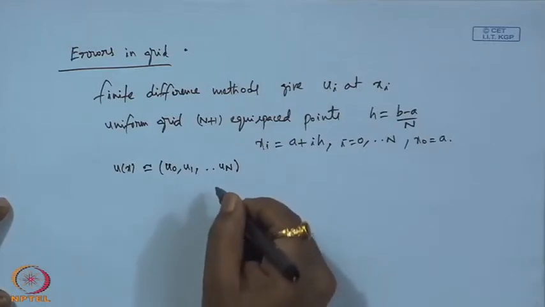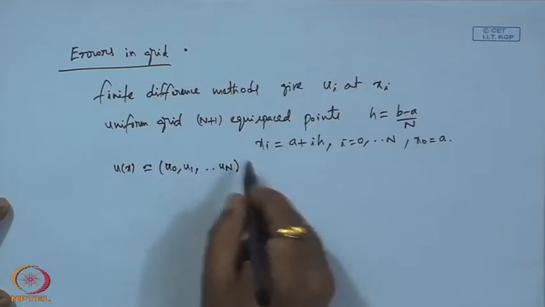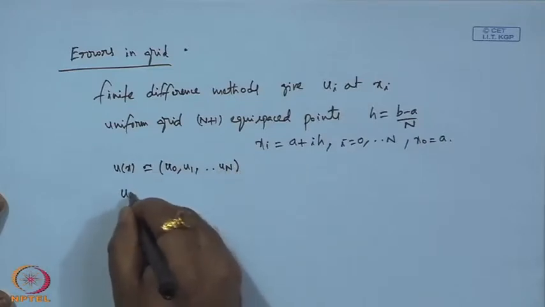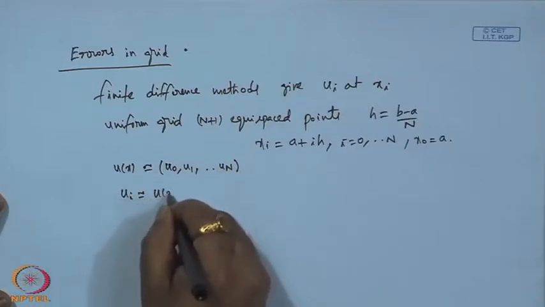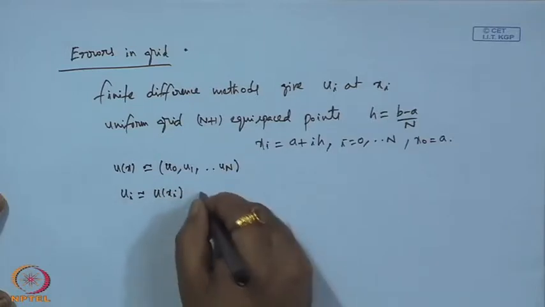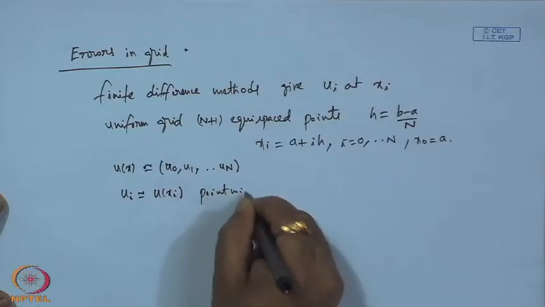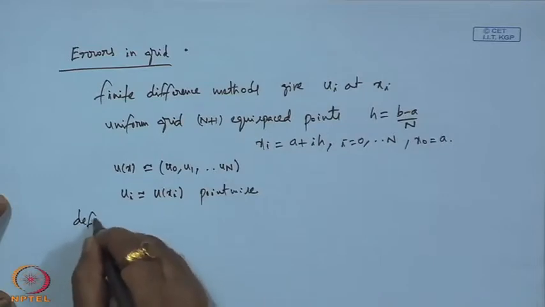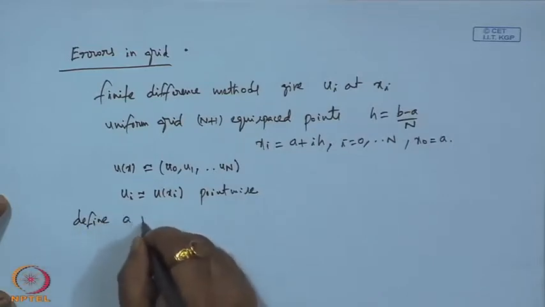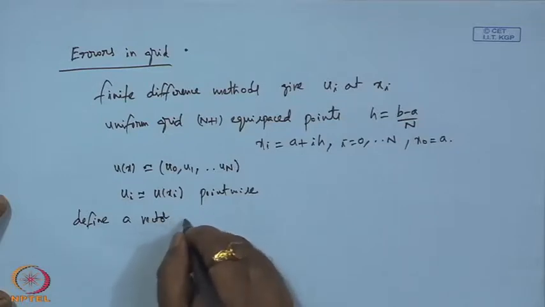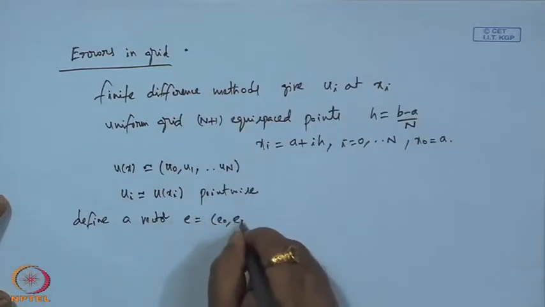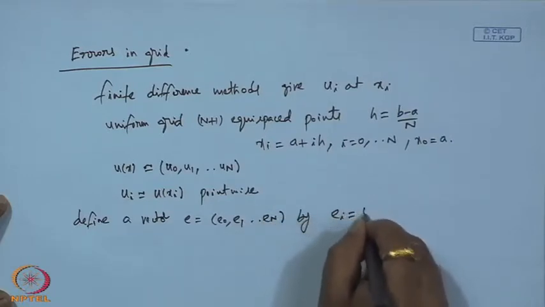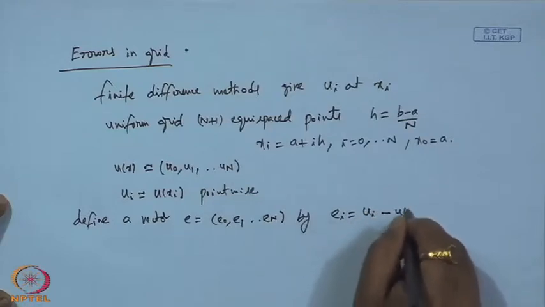Now, this we need to compare with a set of discrete values of the function. So, that means these u i's are nothing but approximating point wise, right. So, now define a vector e to be e 0, e 1, e n by e i equals to u i minus the function value at x i.